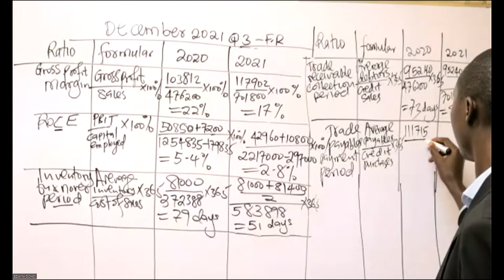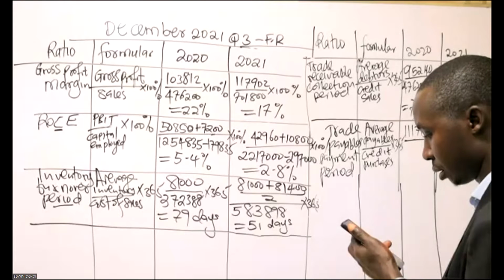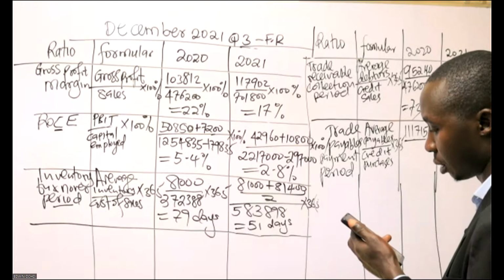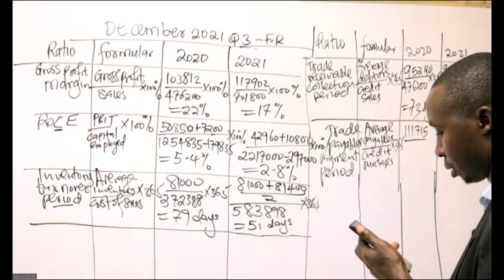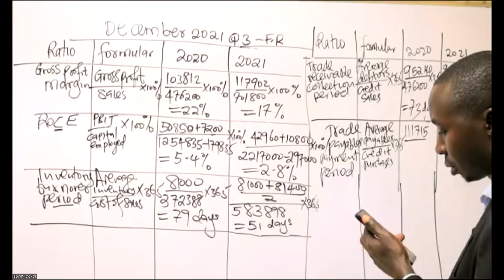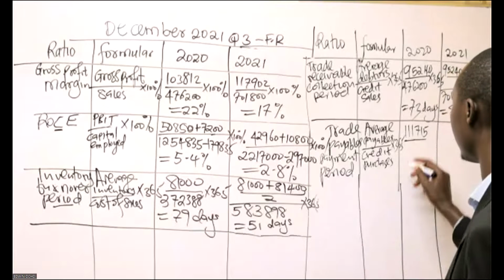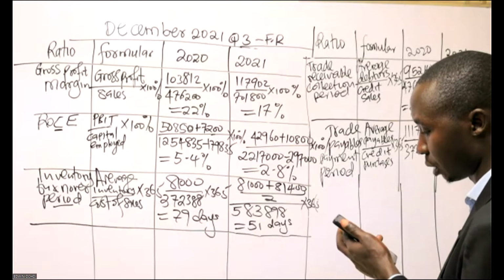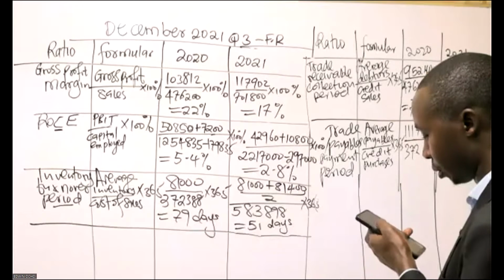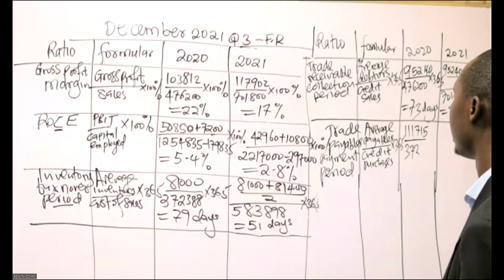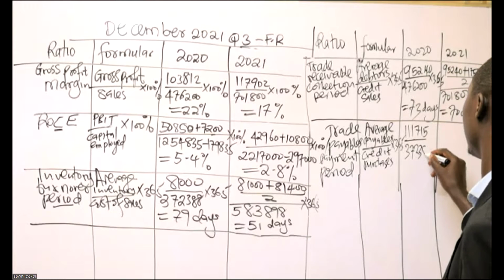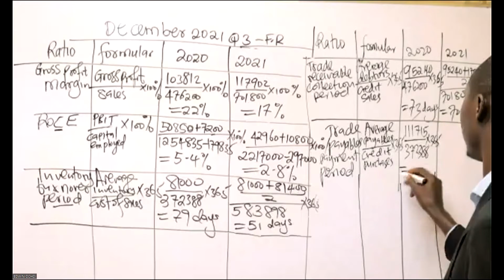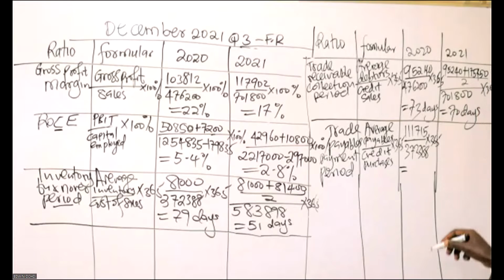Credit purchases, cost of sales approximates purchases, 372,388. So they have said cost of sales in brackets, approximate purchases. Yes, 372,388 times 365. So give me the answer there.